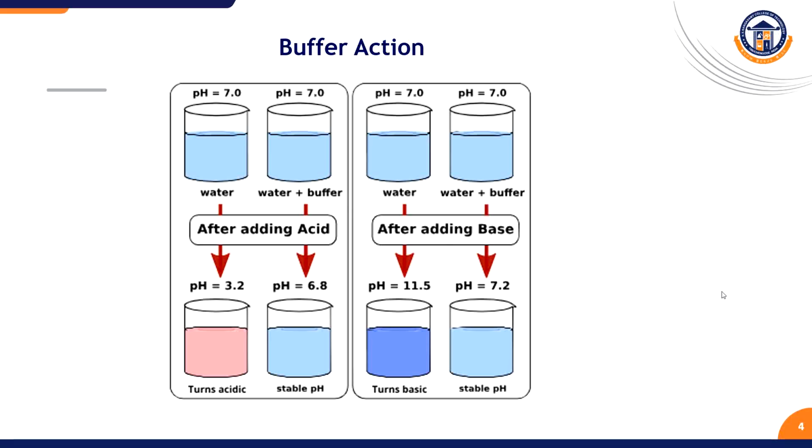You can also see that after adding a base, suppose the pH is 11.5, it is a basic pH, and with the buffer, the pH is 7.2. You see that the pH of 6.8 and the pH of 7.2 are close to neutral.